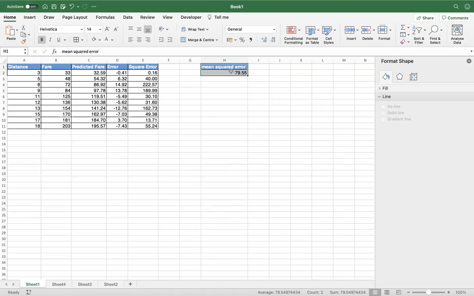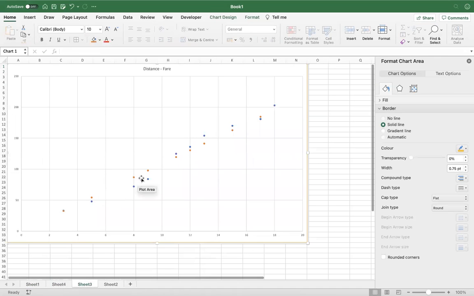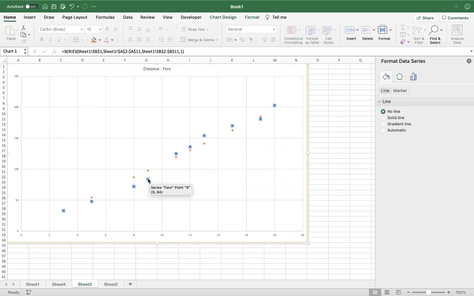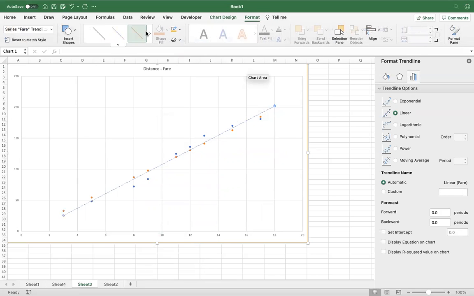Clear? So for that, my idea is, we have these predicted values and actual values, but for all my actual fares, I want to create a line like this. I want to create such a line which approximately passes through all our data points. Let's call it black.